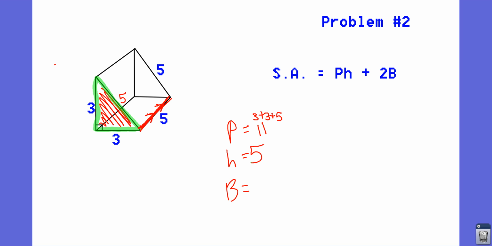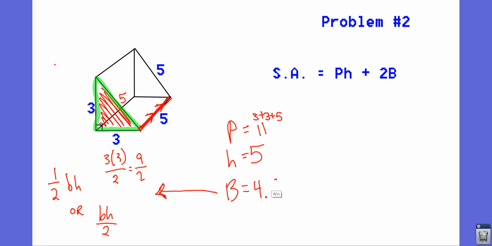And the area of the base. This is where you look on your formula chart and you're like, okay, I got a triangle. It says 1/2 BH. This is what I've always written as base times height divided by 2. Taking a half of something is also the same as dividing it into 2 pieces. So base is 3, the height is 3, and you're dividing by 2. So that's 9 divided by 2, which gives you 4.5.